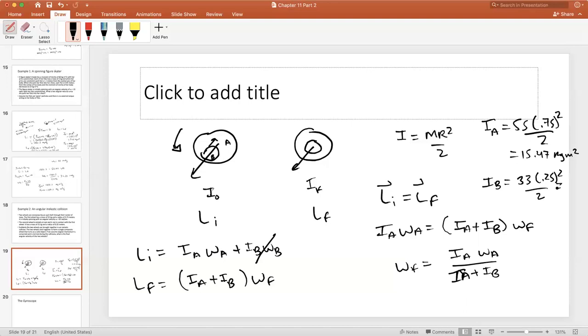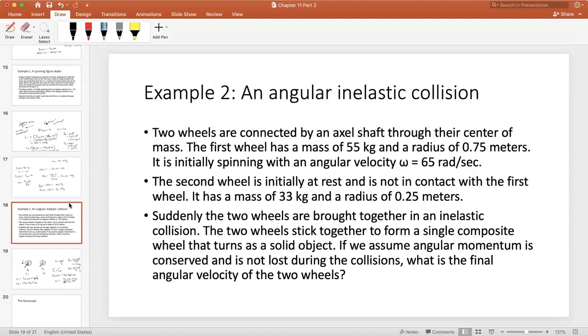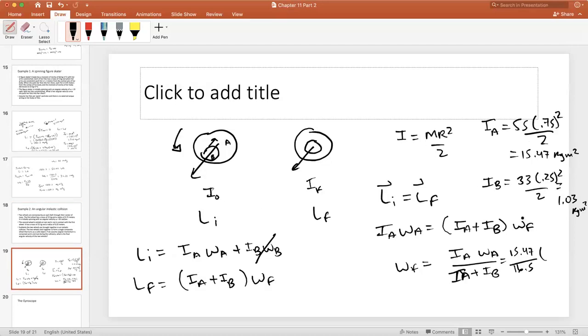So 33 times 5. This is 1.03 kilogram meters squared. So our answer here is 15.47 divided by, that would be 16.5, times, it was initially spinning at 65 rads per second.